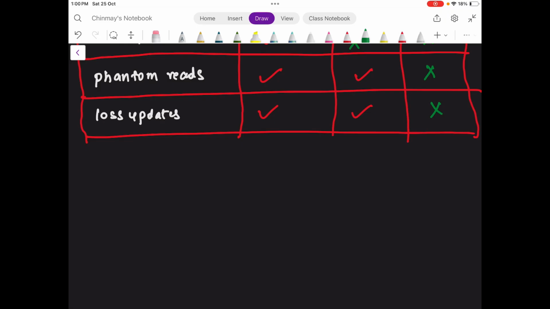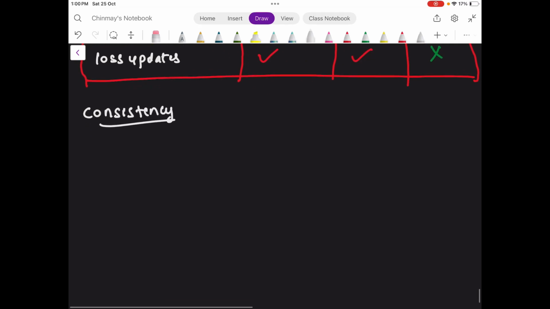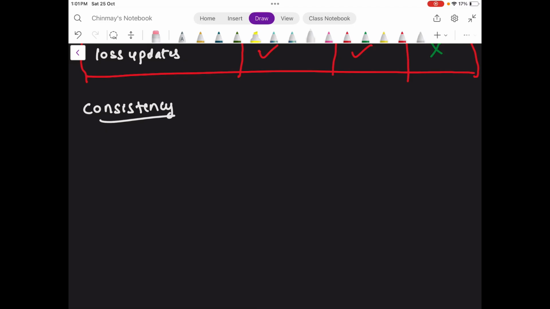Now we will discuss consistency. There are two types of consistency. The first one is consistency at data level.